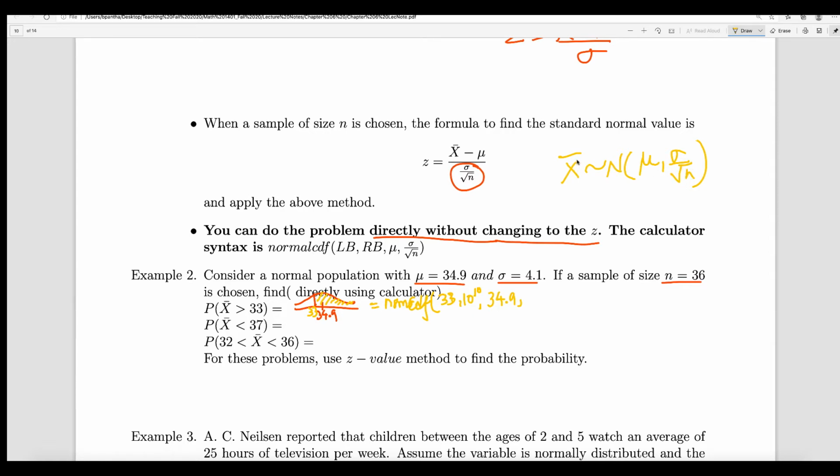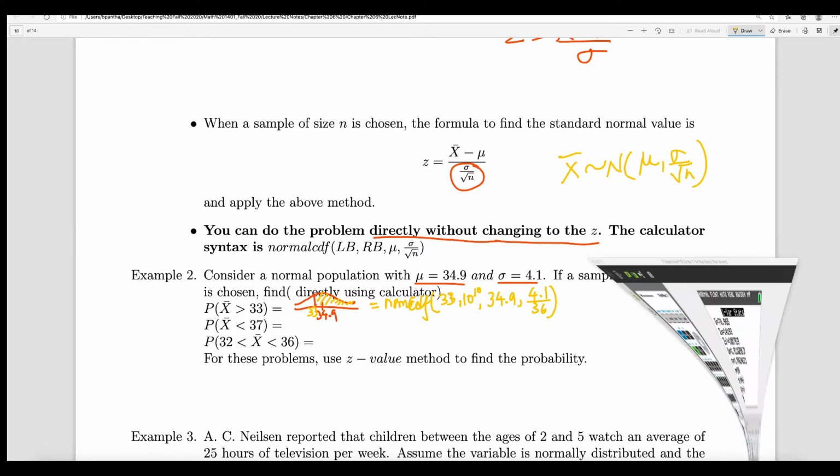If you pick only 1, then there will be sigma over 1, that is just sigma. But if x bar has a sample size, you will have to divide sigma by root n. So 4.1 divided by root 36, and let us use the calculator for that.